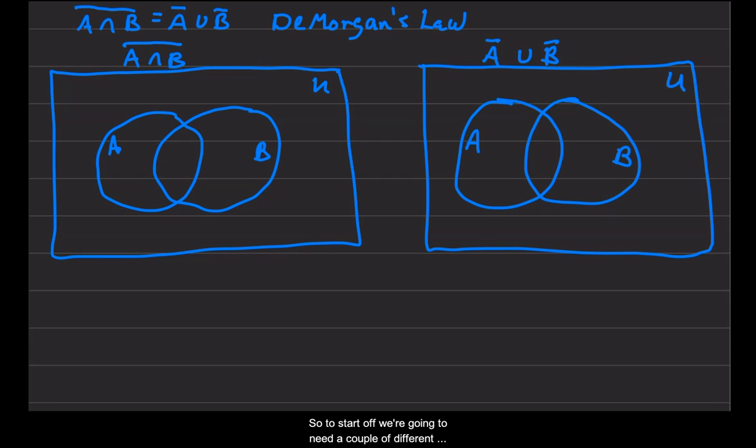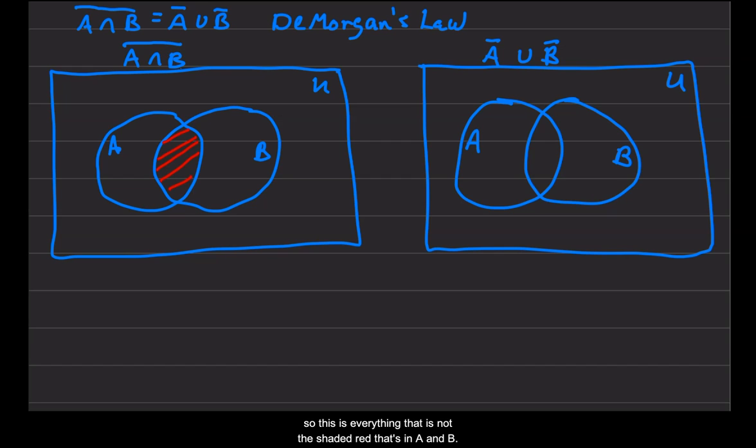So to start off with, we're going to need a couple of different colors here. So let's start with the color red. And over on the one on the left, we'll do first the intersection of A and B. And that would be all the elements that are in both A and B. Then to take the complement of that, we'll switch colors over here, and we'll do yellow.